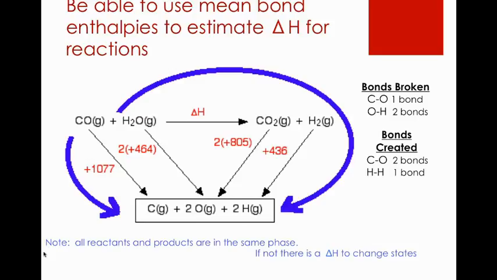The number of bonds created were two carbon-oxygen bonds and one hydrogen-hydrogen bond. Note in this case, all reactants or products are in the same phase, in this case, gas. If not, then you must take into account a delta H for the change from the gaseous to the liquid state, or the solid to the liquid state, and so on.